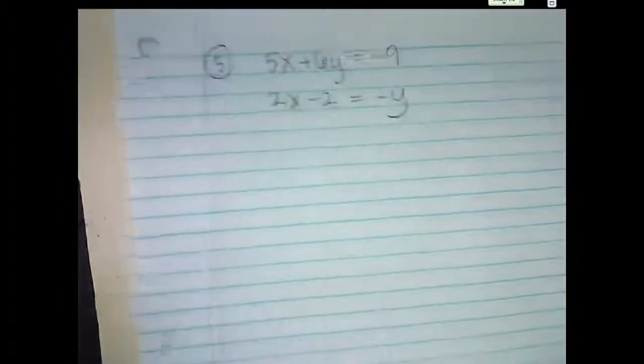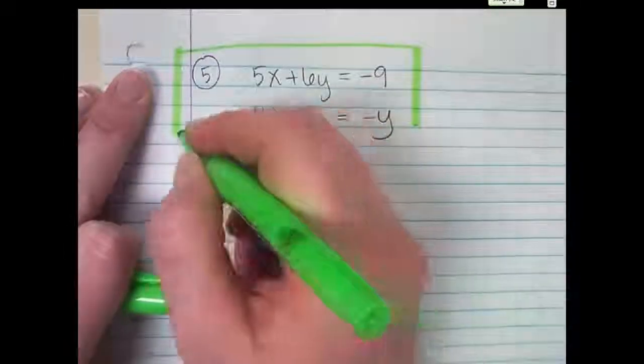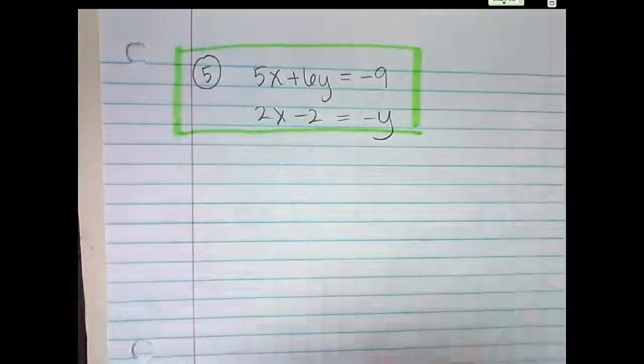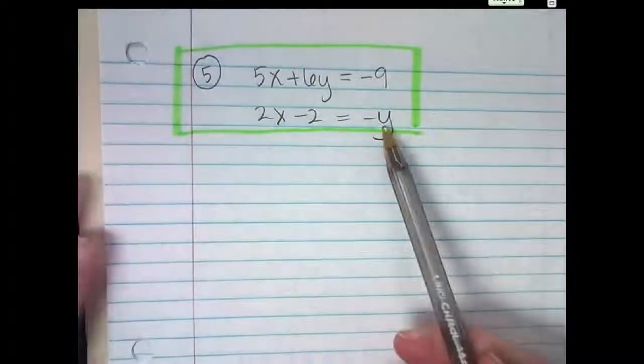This is a little bit different just because it's in a different order. You can flip it if you want. Yeah, I like the y on the left. It doesn't matter though. If you want to leave it on the right, it's okay.